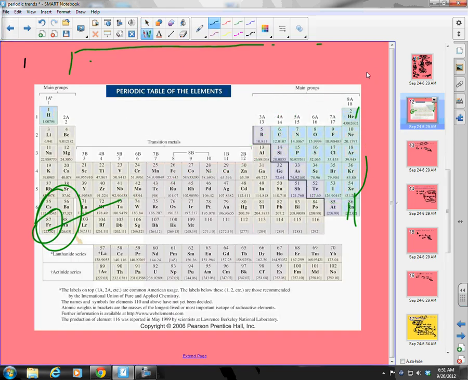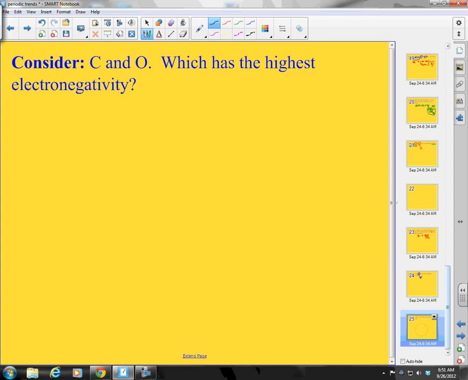Carbon is here. Oxygen is here, and the question is which is closer to fluorine? Well, oxygen's closer, so it has a higher electronegativity. Yoink, oxygen. And that would be the end of today. Bye-bye. Hi-ho.